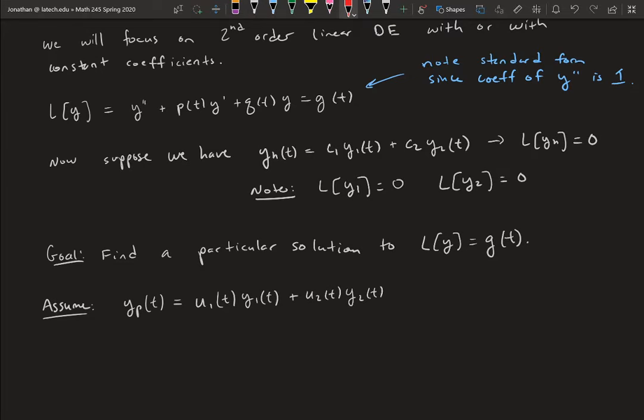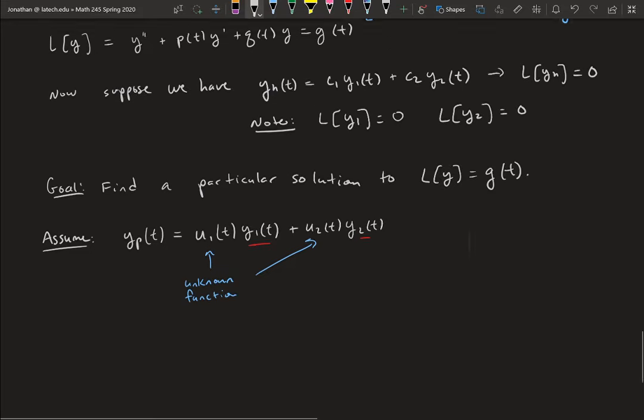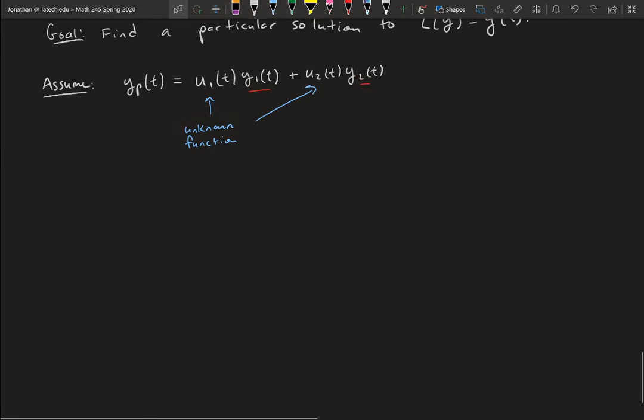So we know y1 and y2, but we don't know u1 and u2. These are unknown functions. So our goal at this point is to figure out u1 and u2.